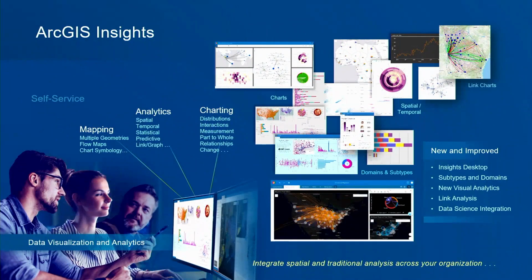Well, we like to say that it's self-service location analytics. It combines mapping, traditional analytics, and charting, all within one spot. And we're really integrating that spatial component with that traditional tabular analysis component so that everybody across your org can use it and have access to the value of spatial.